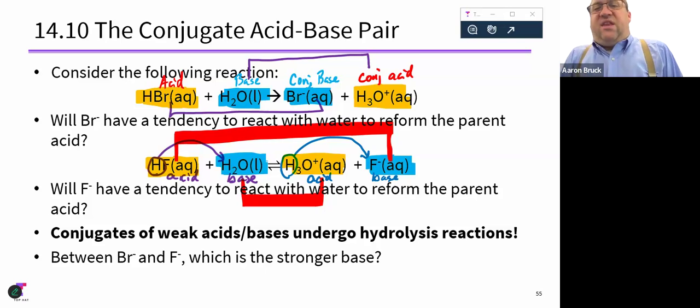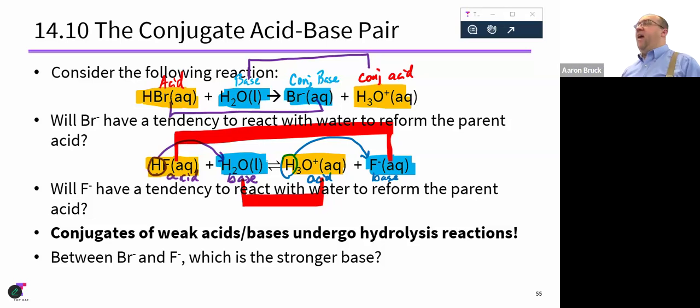Now, here's the thing to understand. If a conjugate species like bromide or like fluoride were to react with water or with something else as an acid or a base, well, if they can do it in this acid-base reaction that we have here, what's to say that they couldn't do that with water and act as an acid or a base themselves?